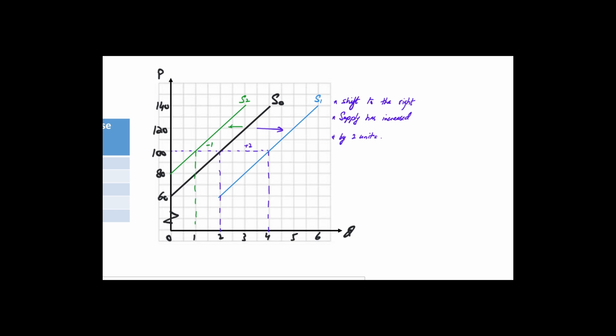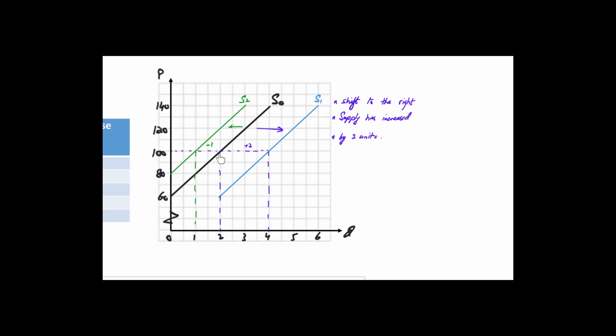Now, technically, the way to read it is this: the two units that you were producing at 60 rupees per unit, which in the beginning you were producing for 100. So, two units you were producing for 100 rupees each.